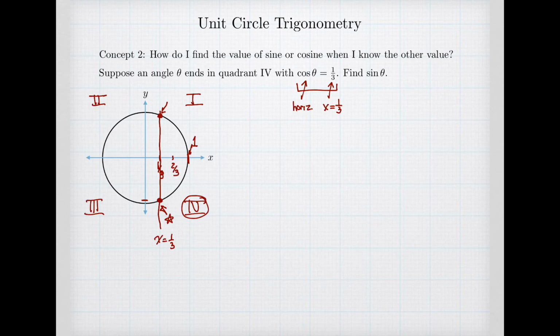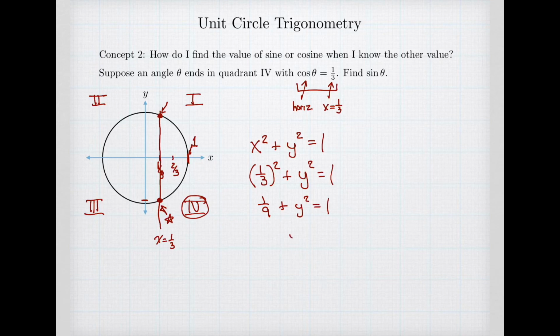How will I find it? Well, I find it from the Pythagorean identity. X squared plus y squared equals 1. The cosine is the value of x, so 1/3 squared plus the sine squared, that's y squared, equals 1. I get that y squared plus 1/9 is 1, or y squared must equal 8/9.